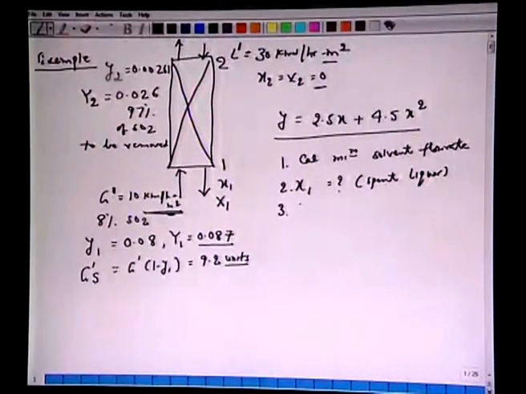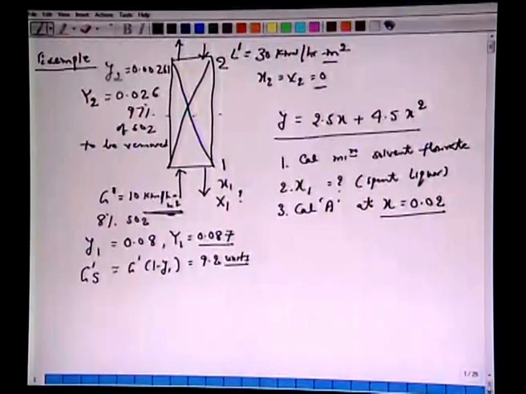And the third question is to calculate the absorption factor A at the location where x is 0.02. So, where the mole fraction is 0.02, this is 0 here and some value here. At the location where the mole fraction is 0.02, calculate this absorption factor. And the last question is to calculate the individual gas phase mass transfer coefficients.